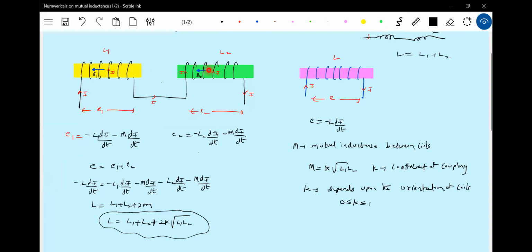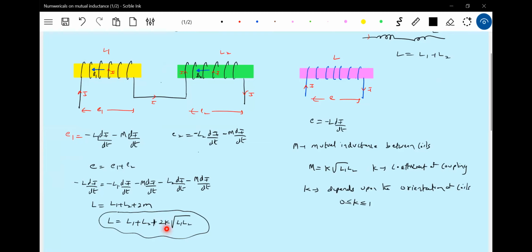Suppose this coil is inside this one, then K will be 1. I think they may trouble you with these questions. We have done some problems like this earlier. All the flux produced by the first coil links the second coil, which is possible only when the solenoids are inside each other, or I take a ferrite rod and wind the two wires in such a way that the flux produced by one totally links the other.